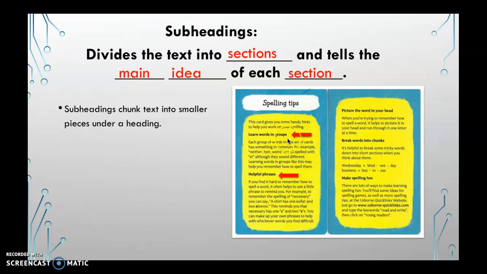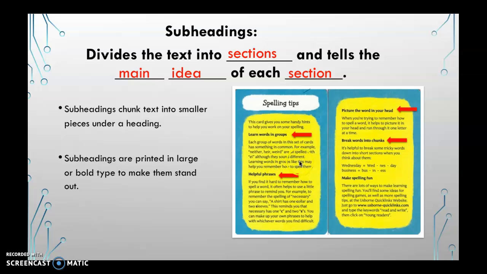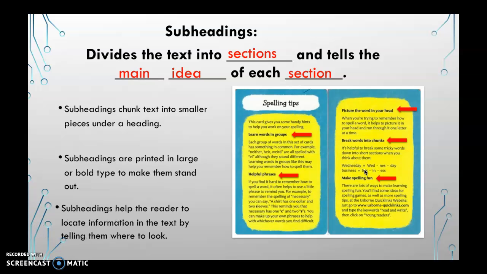The next subheading, or smaller section, is learn words and groups. Then we have helpful phrases. Subheadings are printed in large or bold type to make them stand out also, just like the heading. But again, our heading goes at the top of a section, where the subheadings are smaller chunks of the text. And this helps the reader locate even more specific information about a topic.